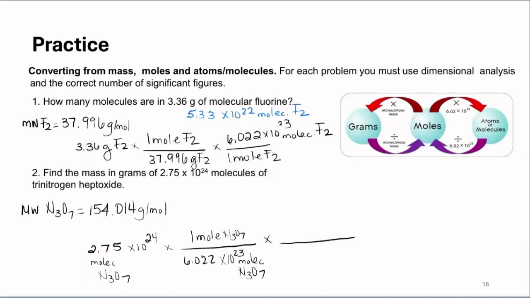Next, I'm going to use the molecular weight, which I already wrote down, in order to find the grams. So I'm going to write 1 mole of N3O7, and then on top, 154.014 grams.